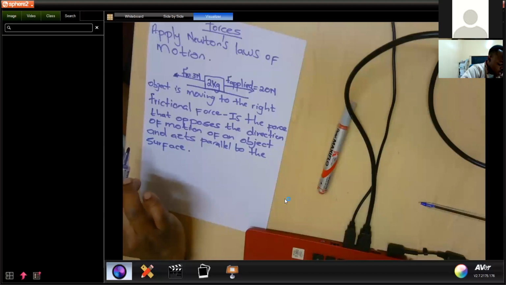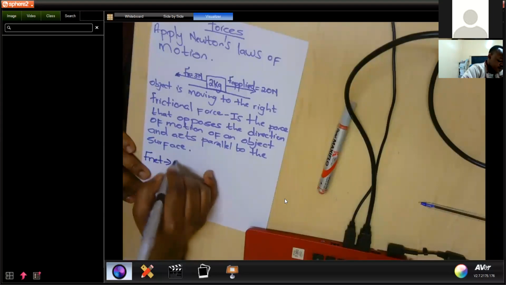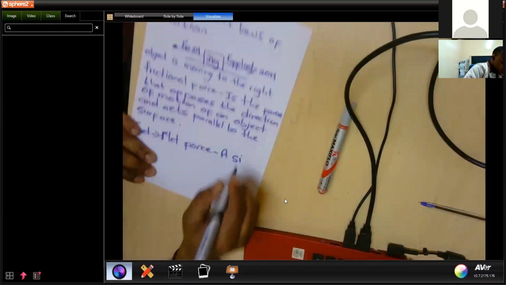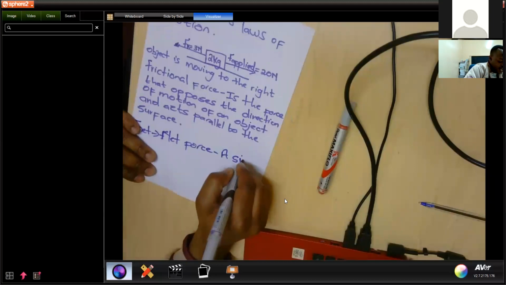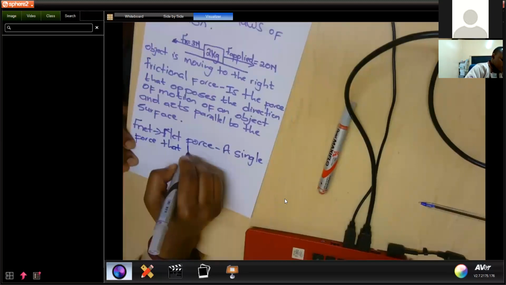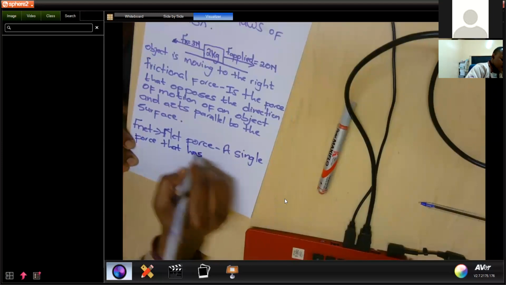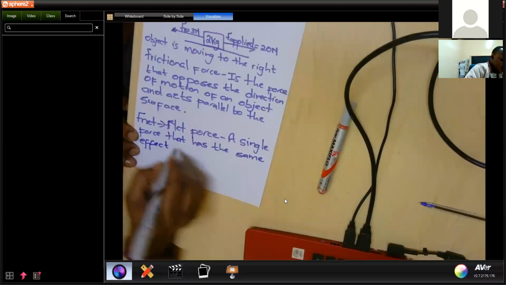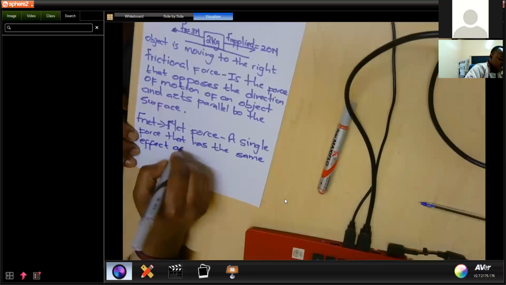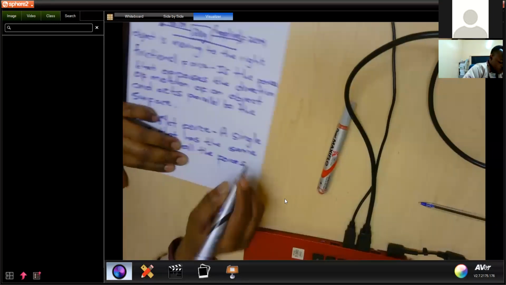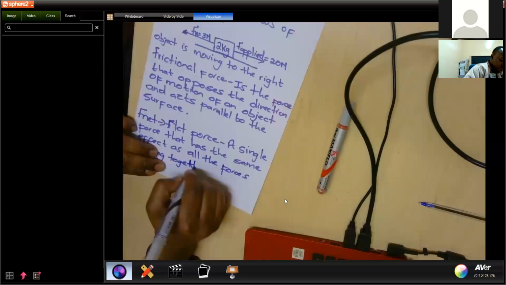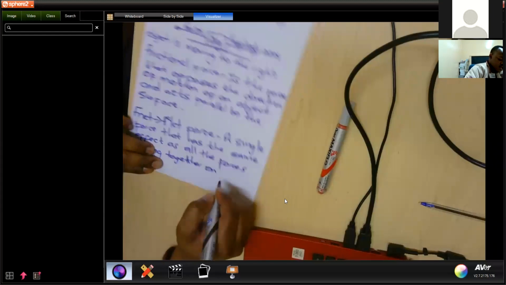We find the term net force and the symbol is F net, and that is what we refer to as the net force. And by definition, we say it is a single force that has the same effect as all the forces acting together on an object.